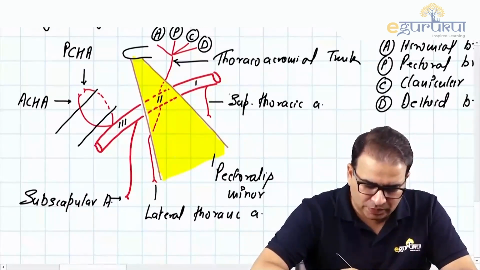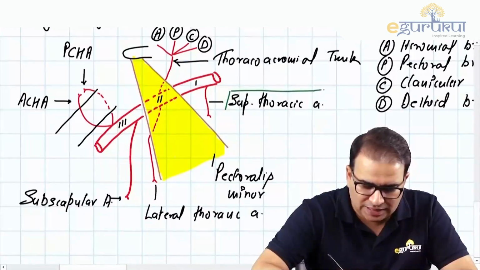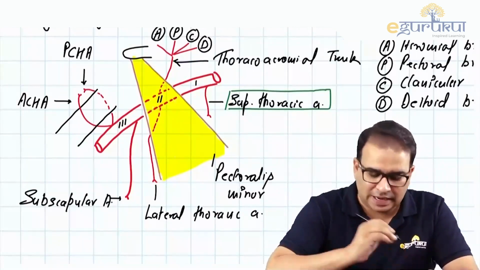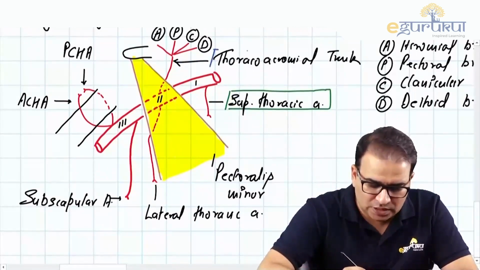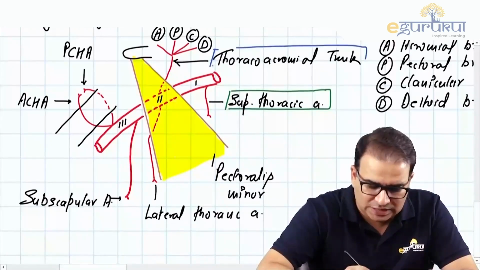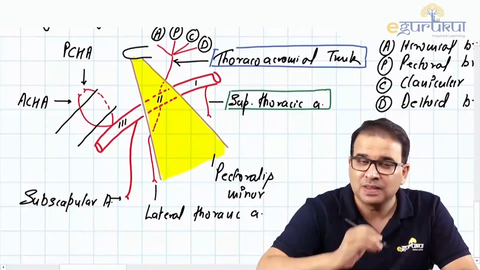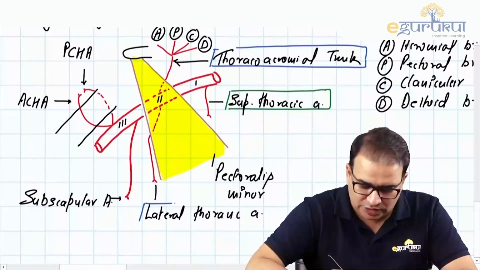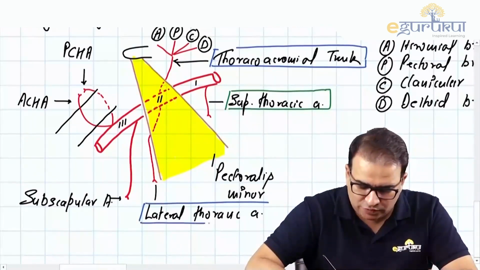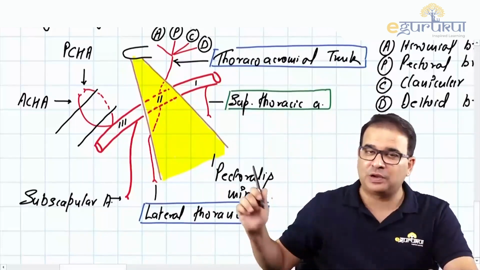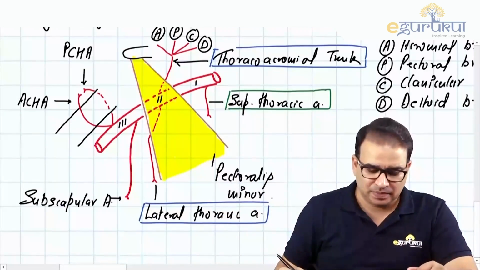So what we said, from the first part we have only 1 branch, and that only branch was the superior thoracic artery. Done. Second part, we said we got 2 branches here. One is the thoracoacromial trunk, which you can see further dividing into 4 branches, and also the lateral thoracic artery. You can see they are coming out of the upper border and the lower border of the pectoralis minor muscle respectively.